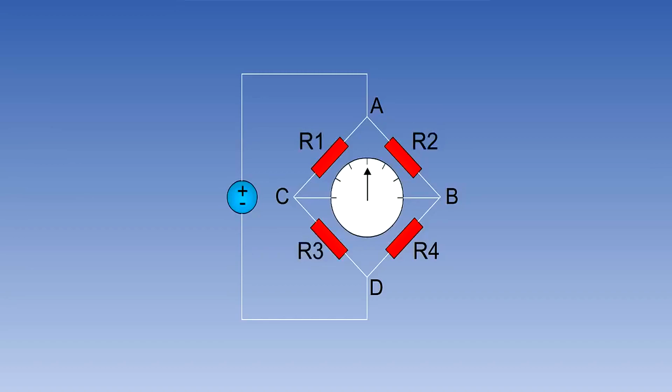In basic form, the circuit consists of a power source and four resistors labeled R1, R2, R3 and R4 in our diagram. For a given voltage input, the current flowing through the resistors will depend on the resistances. If the resistances are equal or balanced, the current flow in the circuit will be zero.